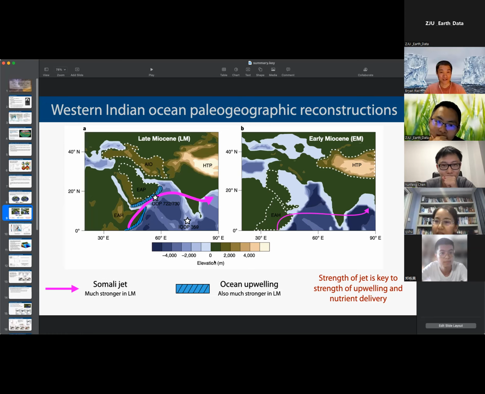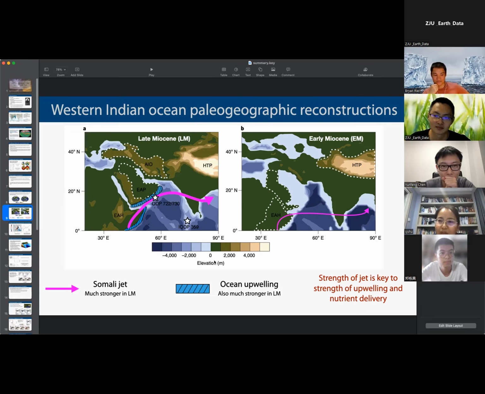Me personally, no. This work is about the South Asian monsoon, from India to the southern Himalaya. But for the East Asian monsoon, from Australia to East Asia, there is another monsoon circulation.